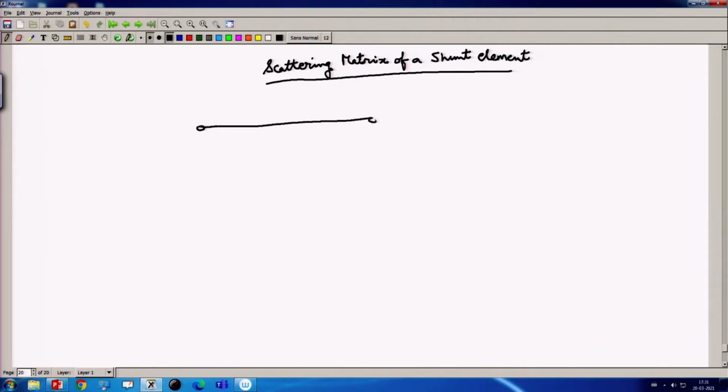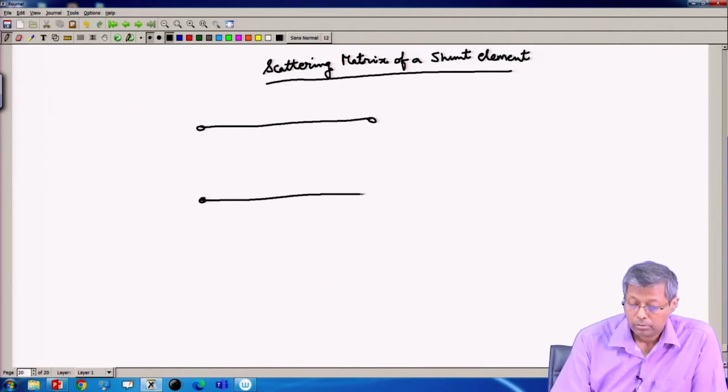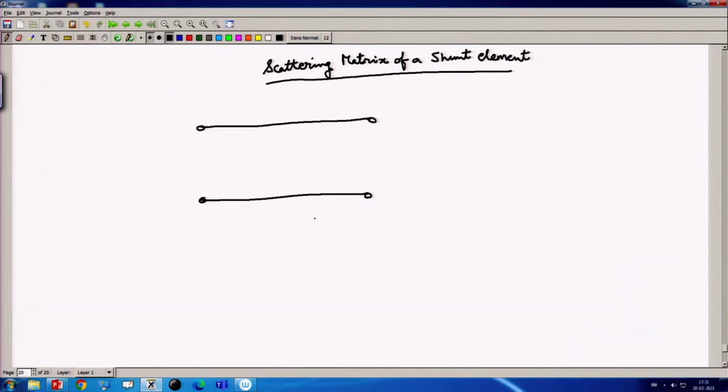So, in this case I have a transmission line. So, let us have a shunt element connected on either side to a transmission line.